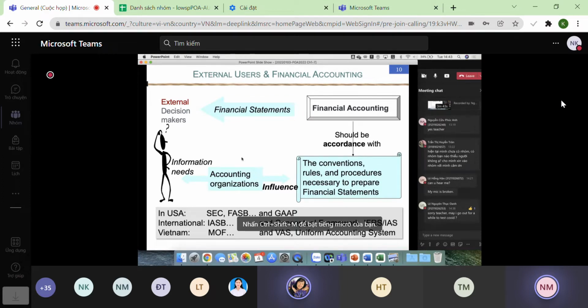The accounting organization, based on the information needs of the external user, establishes the rules, procedures, principles, or standards to prepare financial statements for the company. So the financial accounting system of the company should be in accordance with this.